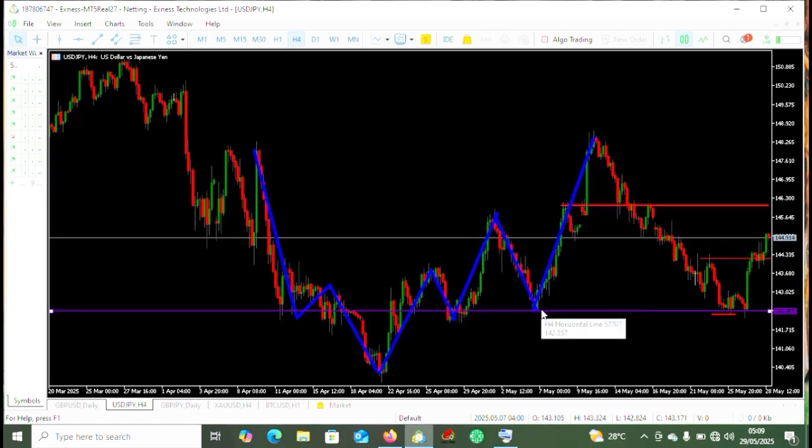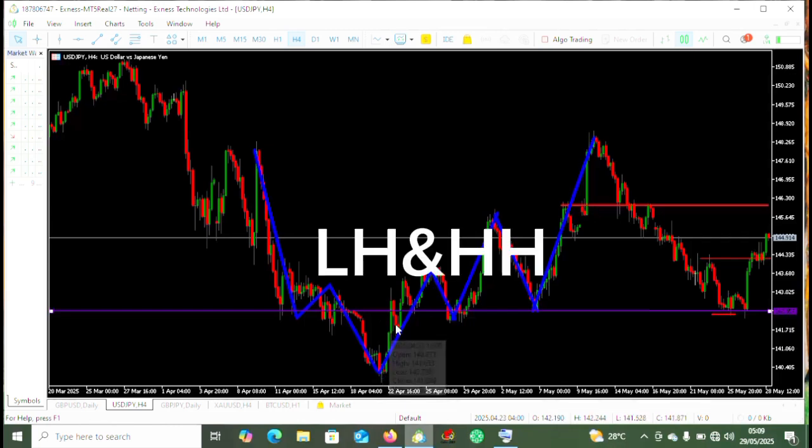I will still give you a clearer picture of that particular W formation, but like I said before, it helps you identify that the market is changing its trend, or it's reversing. You see here we have a low high here and a higher high, a low high here, and a higher high here.